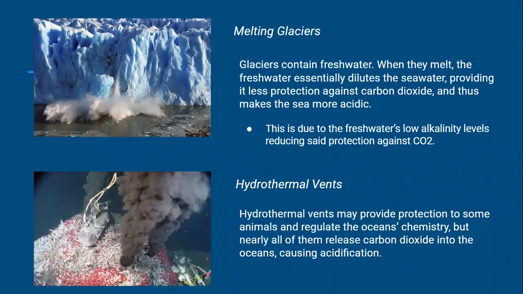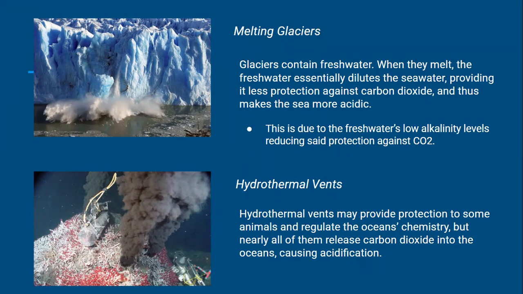So, two of the most interesting ways that ocean acidification can occur are through the melting of glaciers and hydrothermal events or vents. You would expect glaciers to be carrying a lot of salt water, considering that where you find them are areas where a lot of saltwater creatures reign.